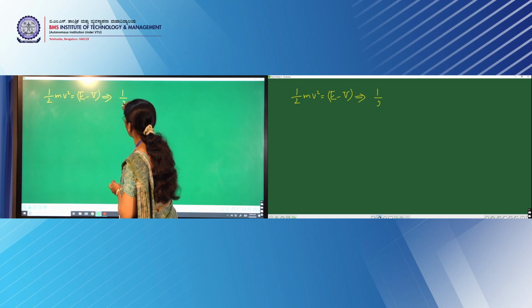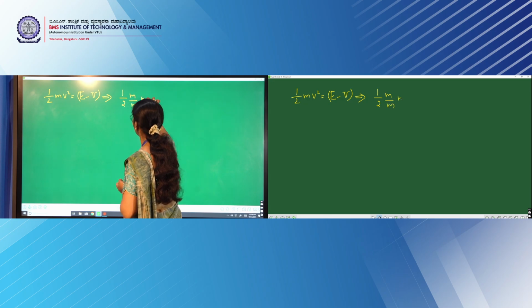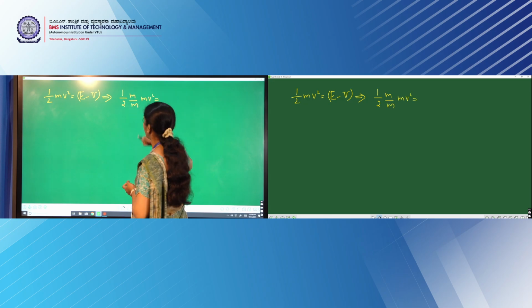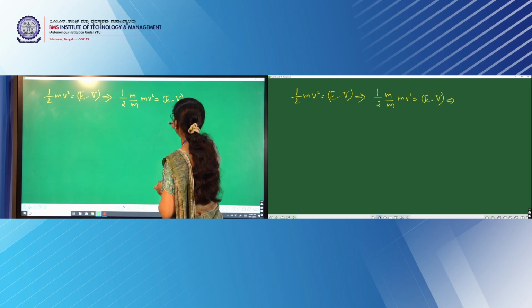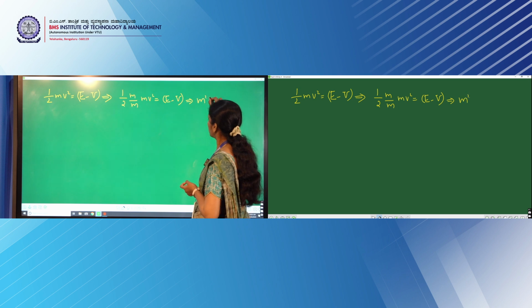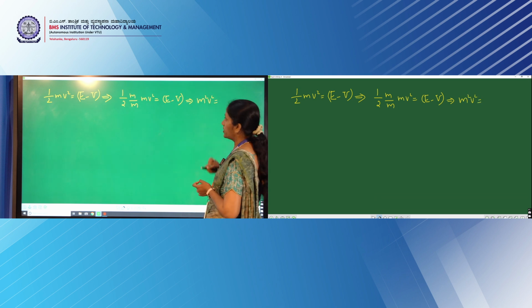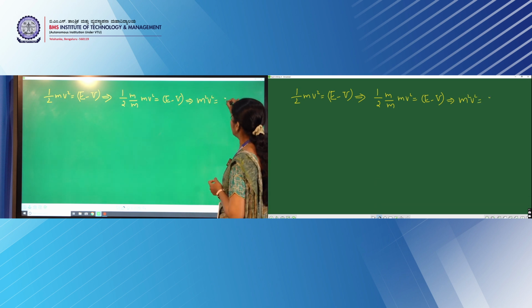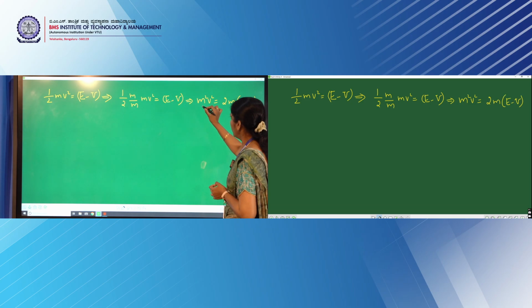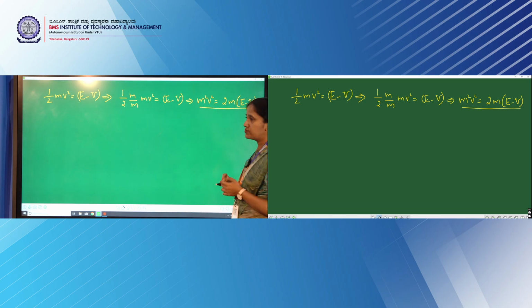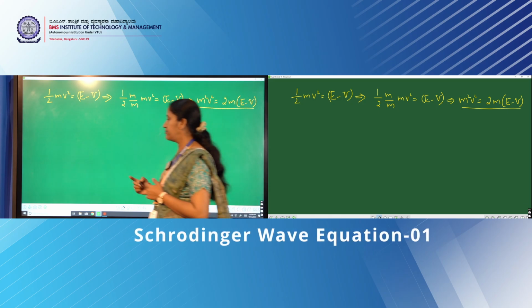So we can write, which is m by m, half mv square can be written as equal to E minus V. So this implies the value of m square v square can be estimated as 2m times E minus V.